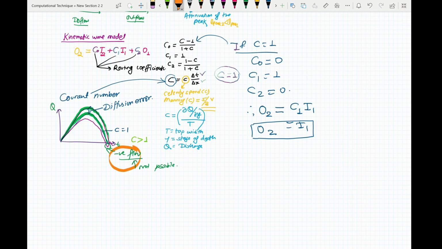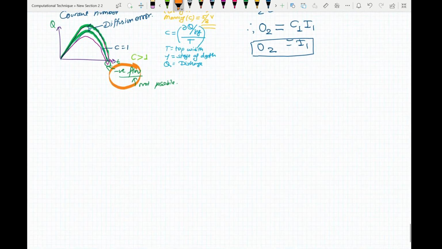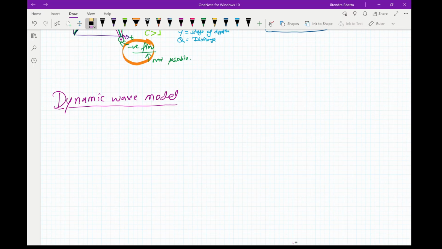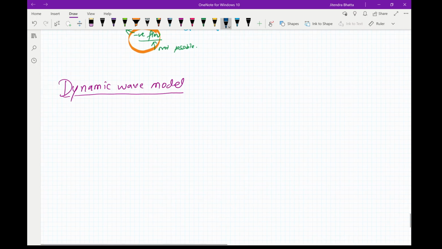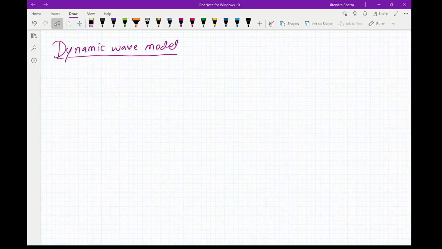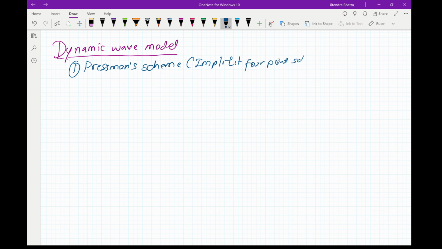Now, let's move into the dynamic wave model. There are two schemes here which are used to solve a dynamic wave. The first method is the Preissmann scheme, which is an implicit 4-point scheme.